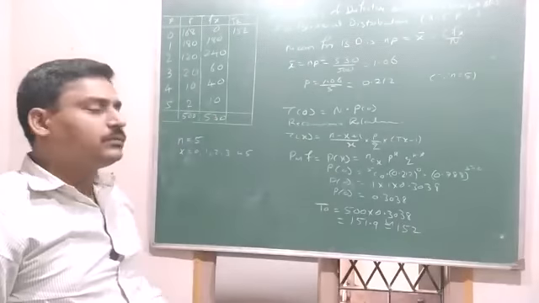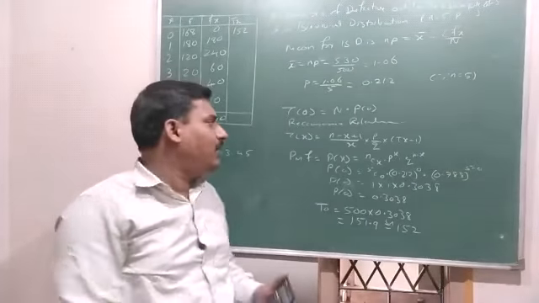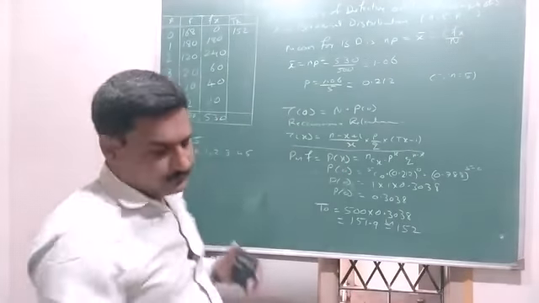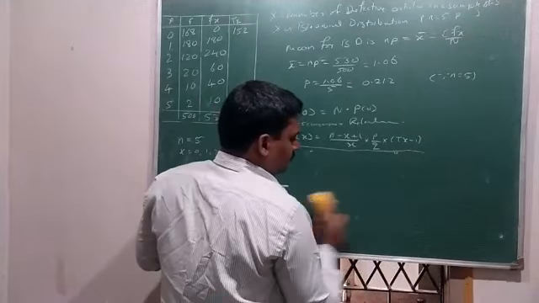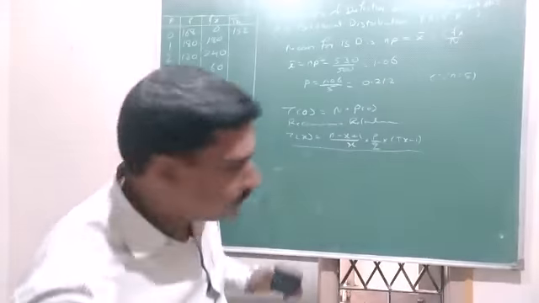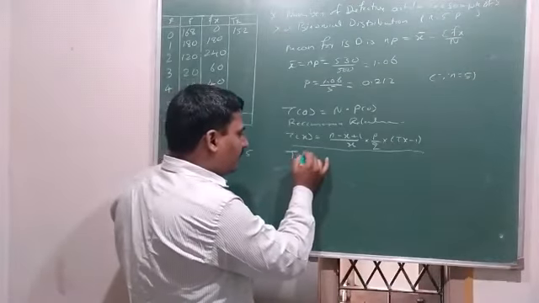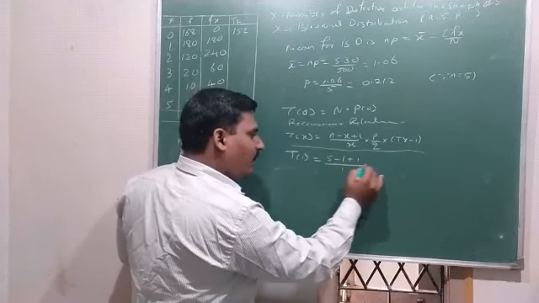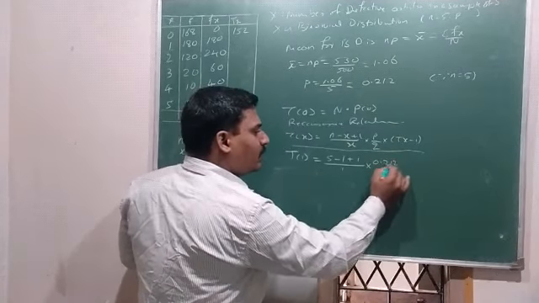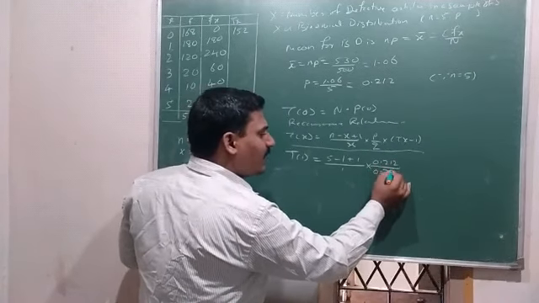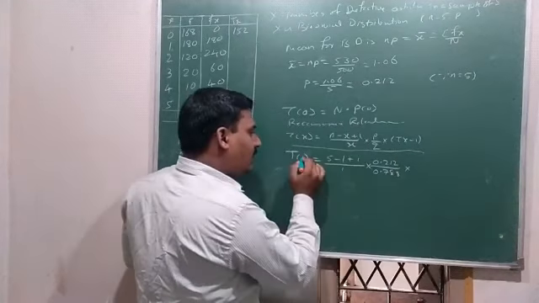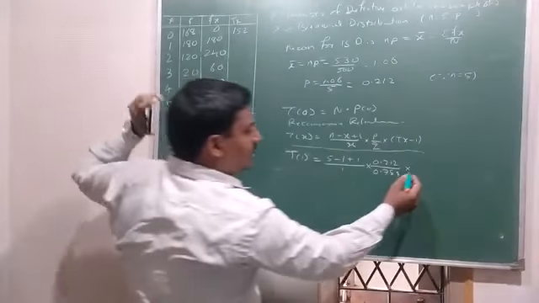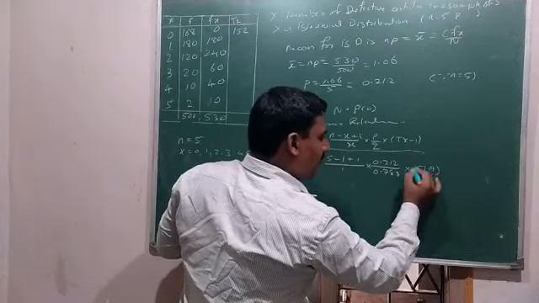Now the next frequencies we will identify with the help of the recurrence relationship formula. Let us calculate them. So next, T1 is equal to n is 5 minus x is 1 plus 1 divided by 1 into P is 0.212 divided by 0.788 into T of 0. T of x minus 1 is T of 0, that is 151.9.